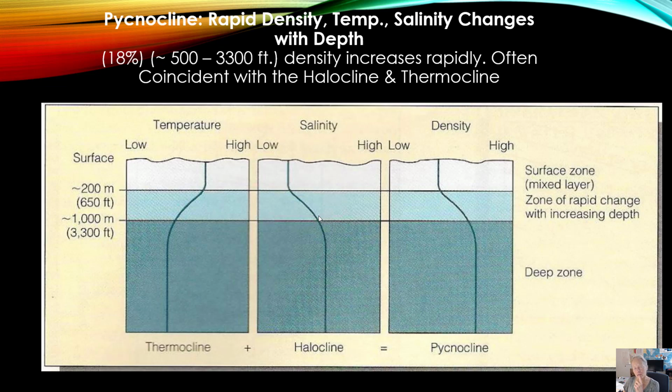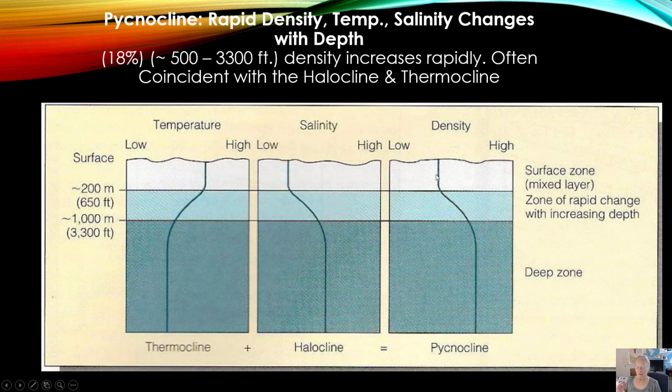Again, now you could memorize that, but how could you remember that without memorizing it? Well, think of where does it rain? It rains on the surface, and rain mixes with the seawater and makes it less salty. Also, the rivers drain into the ocean. So the surface is going to be a little less, it's more likely to be less saline than the deep area. Okay, so salinity goes up at the halocline.